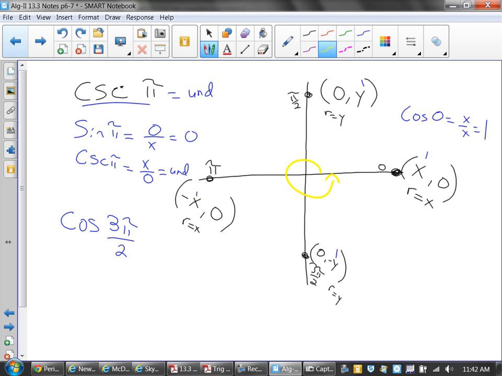What's x divided by x? 1. What's the cosine at pi over 2? What's the x coordinate at pi over 2? 0. What's the x coordinate at pi? Negative 1. What about at 3 pi over 2?